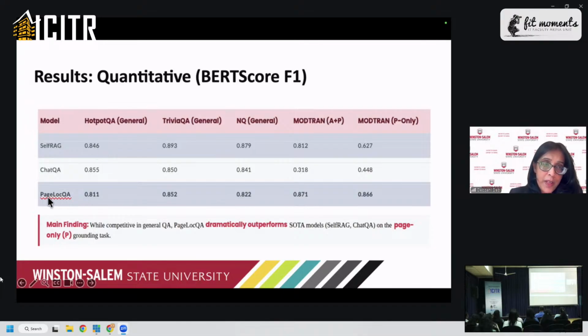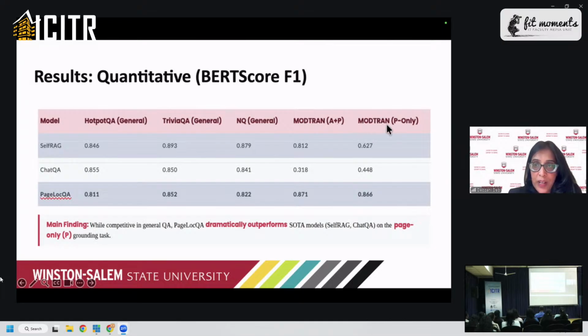So in this experiment, we experimented with our PageLog QA, but we also used 2 more models, which are very particular models for this kind of question and answer. We call them Q&A models. One is called Self-RAG, another one is called ChatQA. And of course, we evaluate that along with our Motren model, where we want the answer and page number.